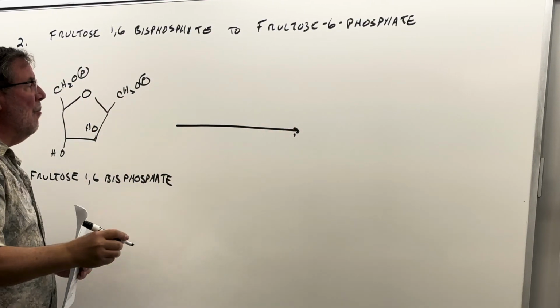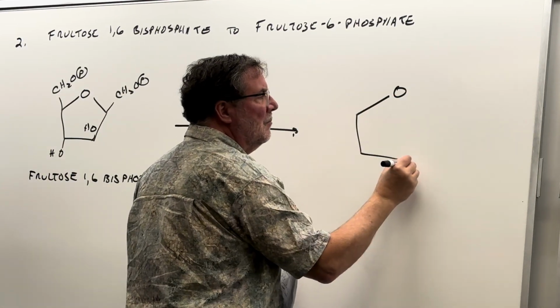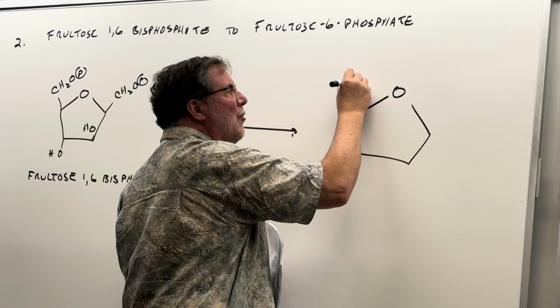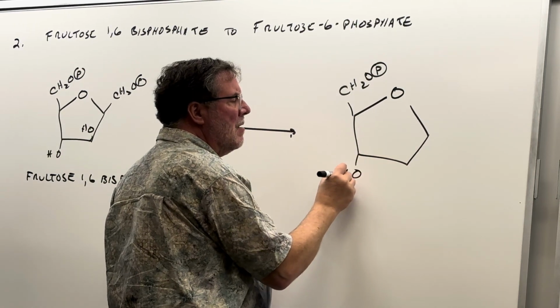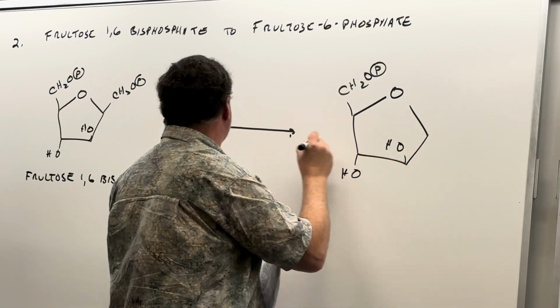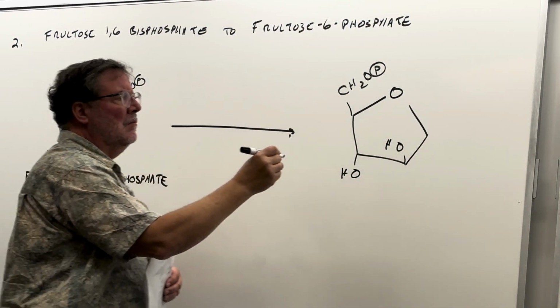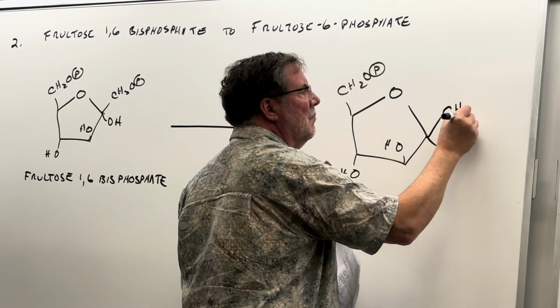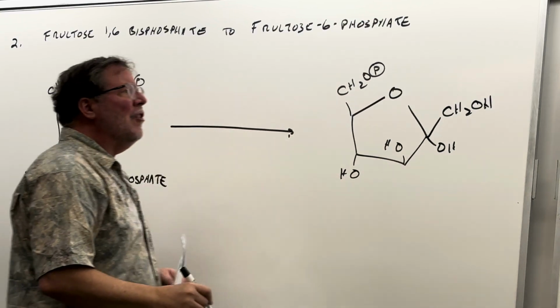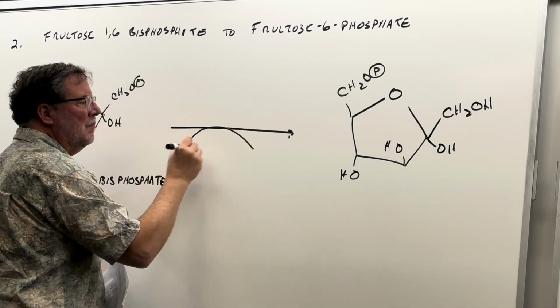And to go backwards again towards our fructose 6-phosphate, we're just going to cleave that phosphate off by hydrolyzing it off.